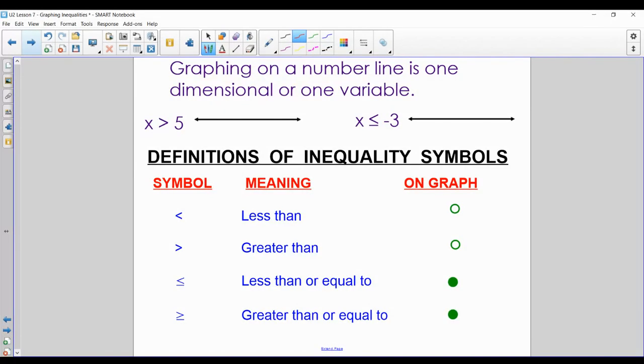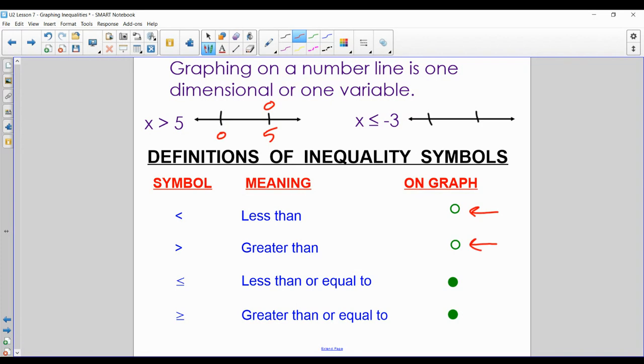Okay, so here's what we just did. Graphing on a number line is one-dimensional, or in one variable. We have just the x. So if you remember what we just did, if I have x is greater than 5, I know I put the dot at 5. With that one, I keep it open when I have just less than or greater than.